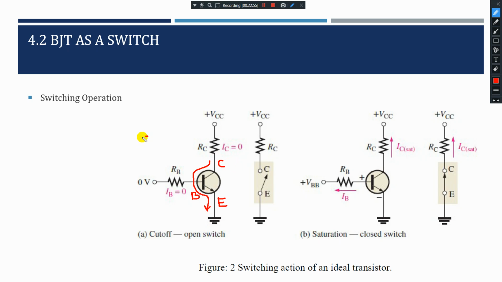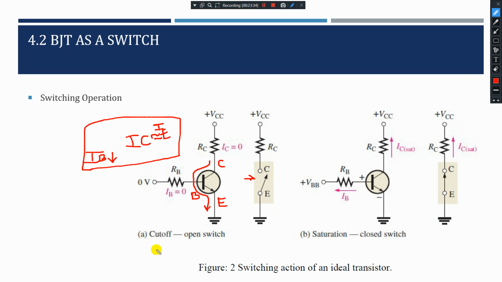So IC will be approximately equal to IE, which means your IB will be very less. So a small current is required to switch on a transistor, so I can call it a switch. There is a small force needed to switch on the transistor.